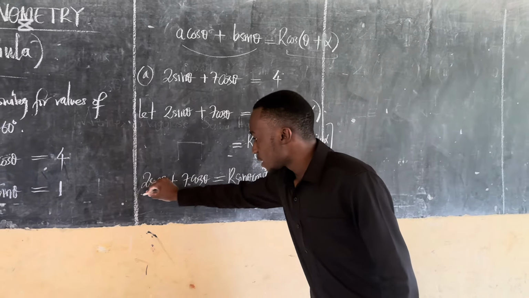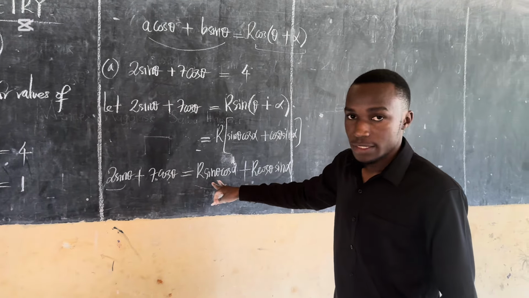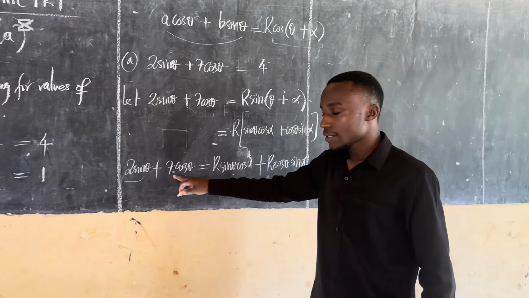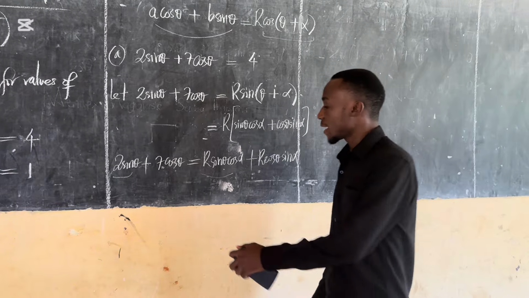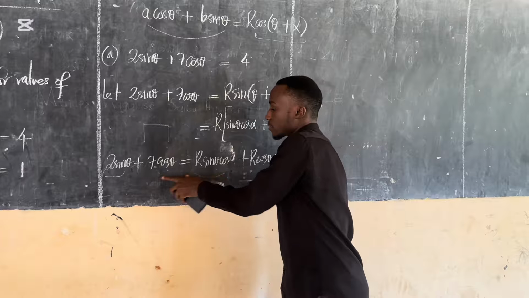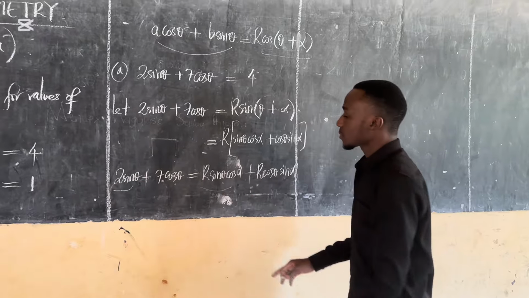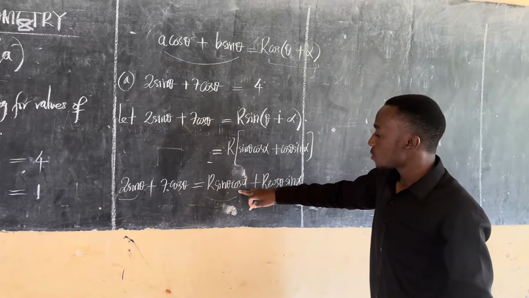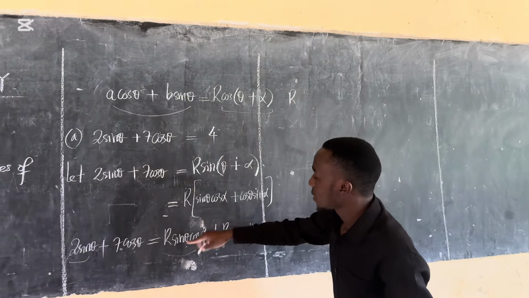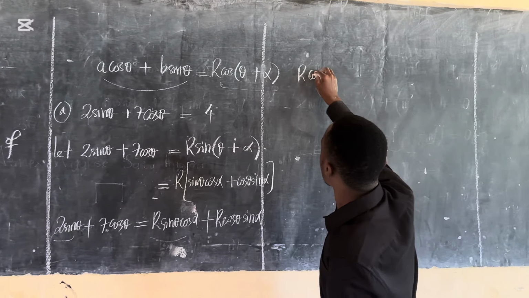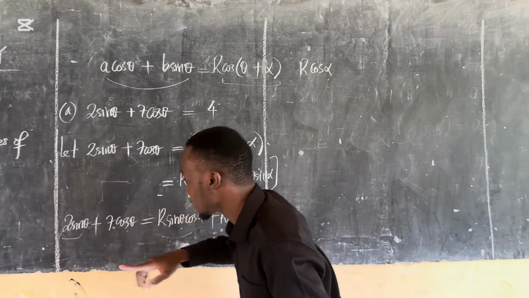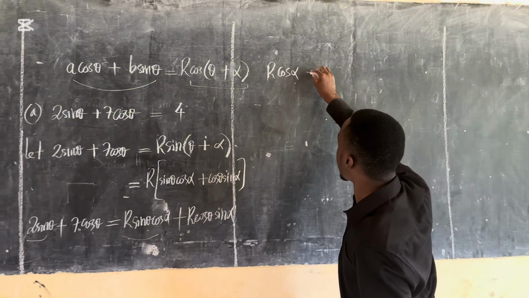And now we shall compare these quantities. This quantity is having a sine theta just as this one. Cosine theta is this quantity just as here. So we shall compare by equating these quantities. How come these quantities are equal? It is until the R cos alpha attached to the sine theta is equal to the 2 attached to the same sine theta this side.